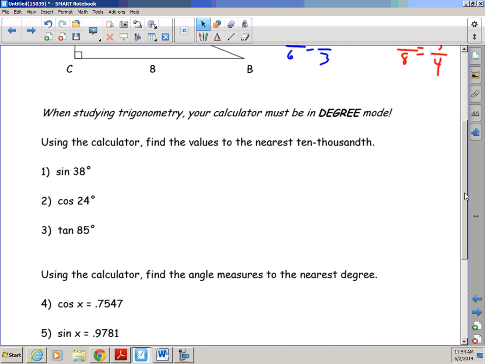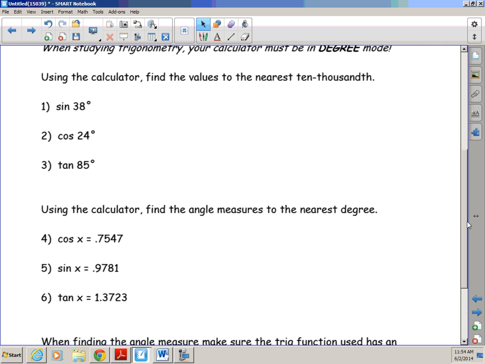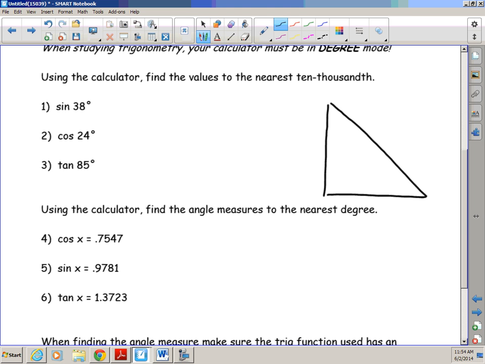Okay. Now, what I want to make sure you know how to do is use your calculator to compute what the sine, cosine, or tangent of a particular angle is first. So again, just so that you understand, what was the basis of trigonometry is, if I have a 38-degree angle and I want the sine of that angle, that means I'm comparing the opposite to the hypotenuse.